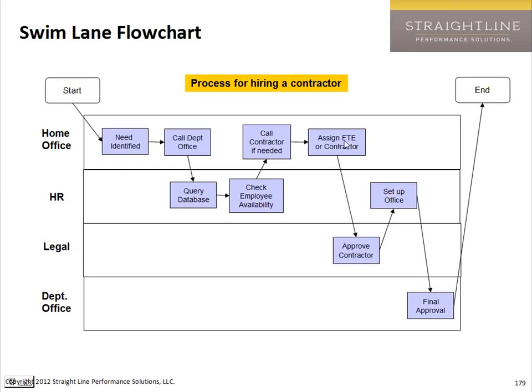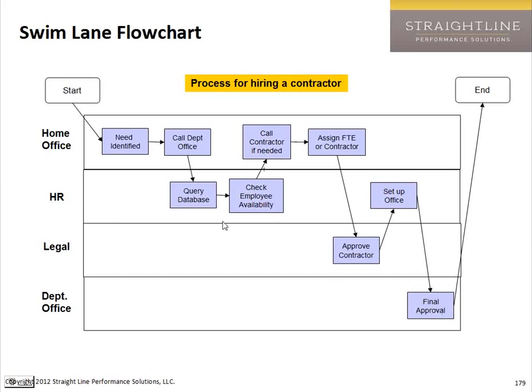Here, in this case, we've got process steps that are segmented by which branch of the business or which area of the business is executing on these. So, for example, the home office does an awful lot of the work up front, but they ping HR once in a while, and the department office is the one that makes the final approval.